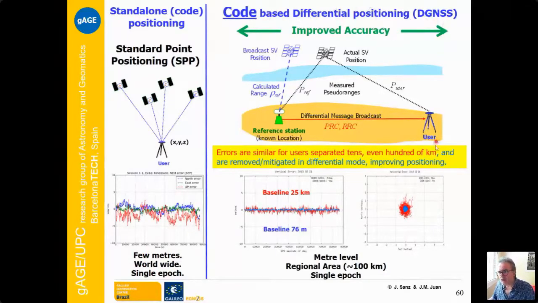In differential positioning, the baseline can be up to 100 kilometers, and we can achieve meter level. We improve from several meters to meter level. There is a degradation with the baseline, and the idea is that the errors are similar for users and cancel in differential mode.